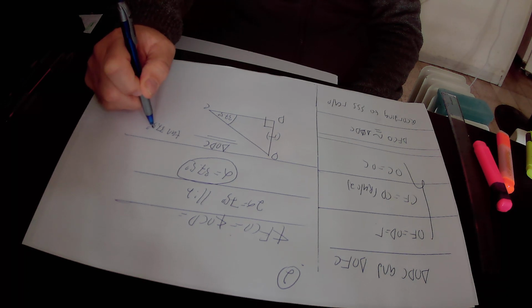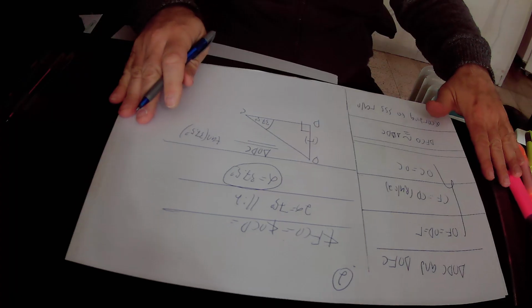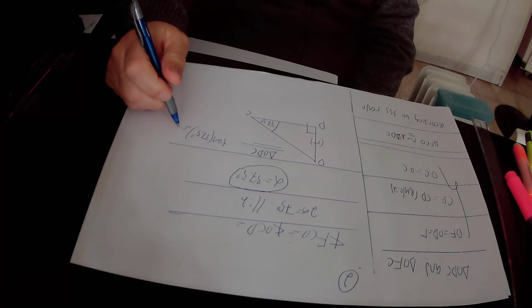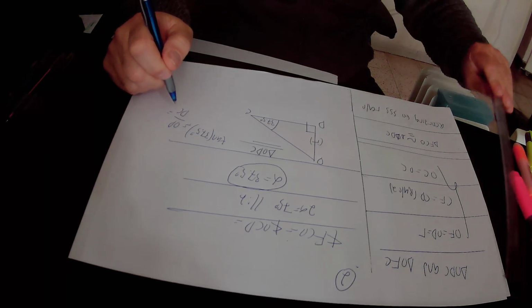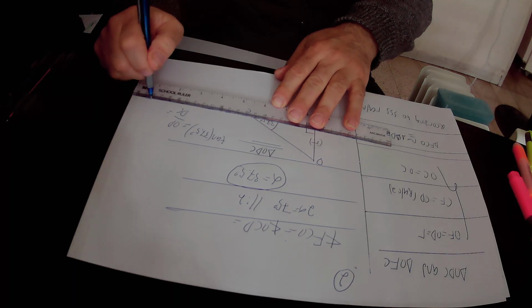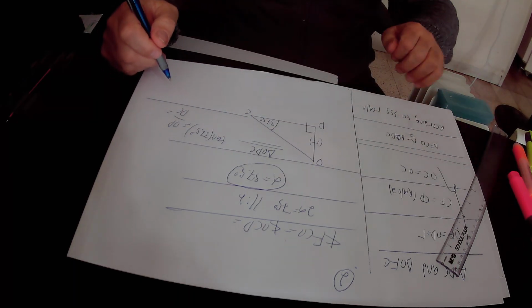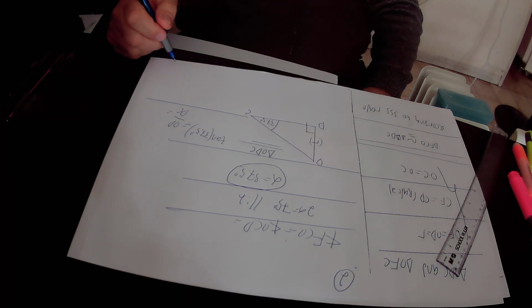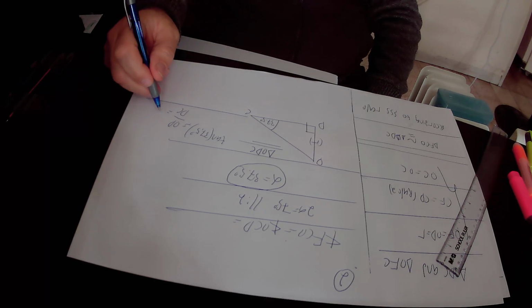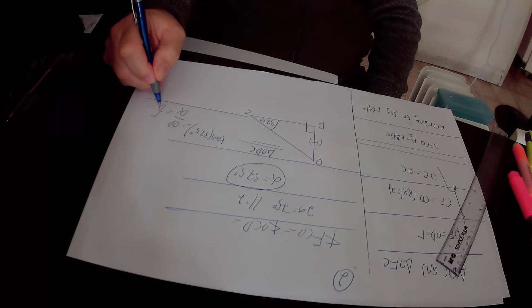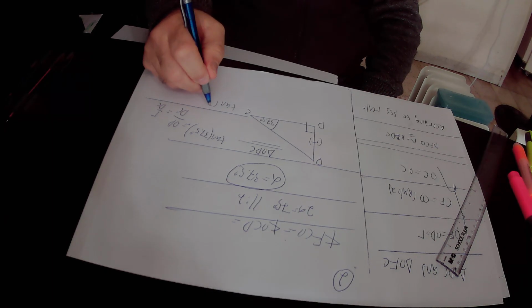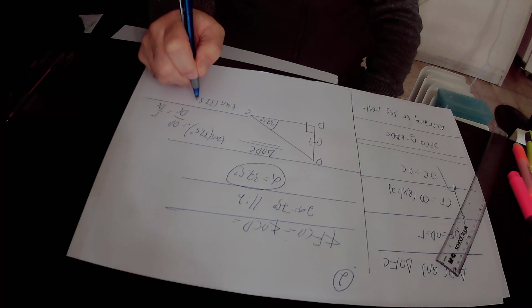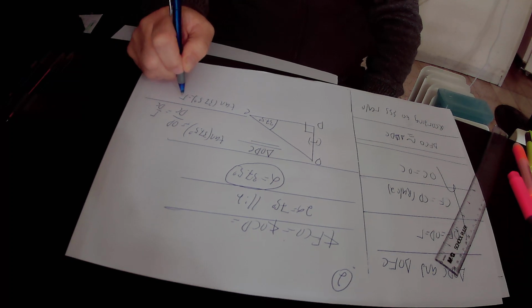In this right triangle ODC, tangent 37.5 degrees equals OD over DC. OD is R, so it is R over DC. So tangent 37.5 degrees equals R over DC.